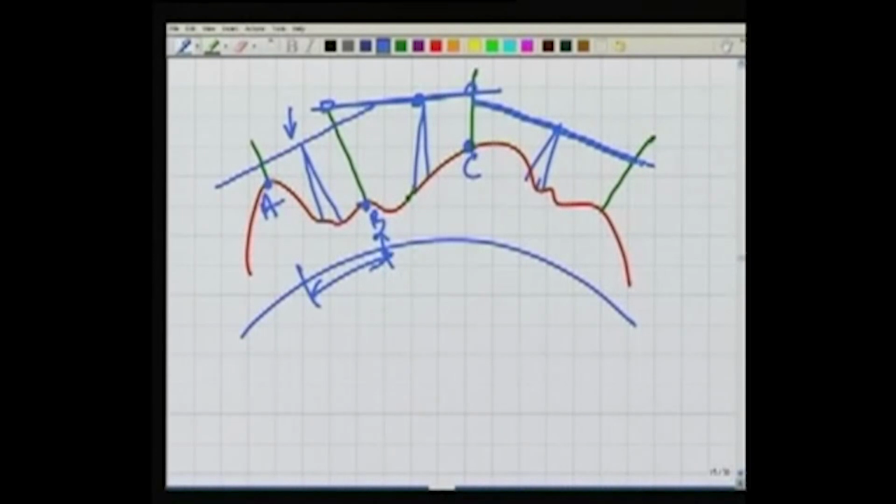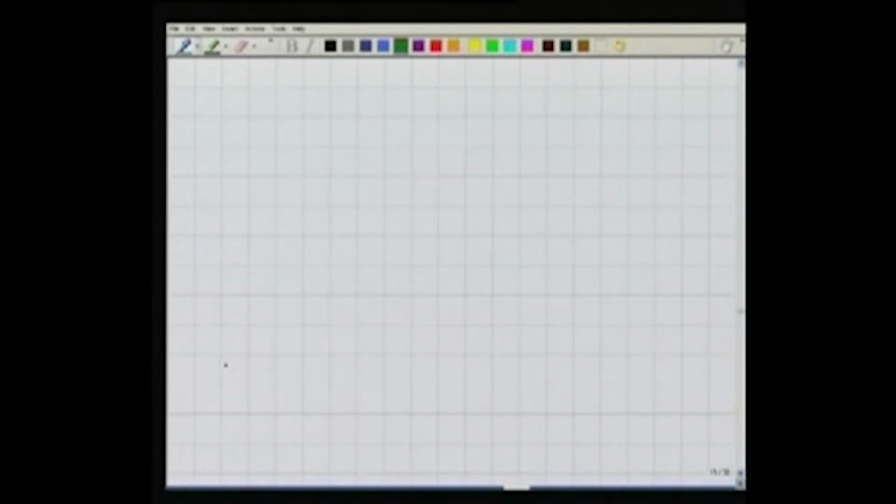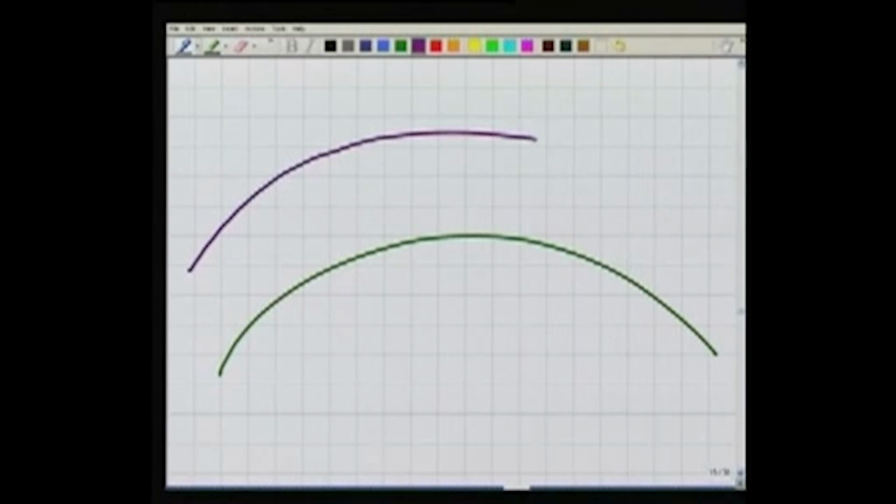So what we are doing, as you can see, if this is my mean sea level, I want to establish a surface which is parallel to the mean sea level. Over here, this is parallel to the mean sea level. This is what is desired, but we cannot establish it. So instead, we are establishing it in little pieces.